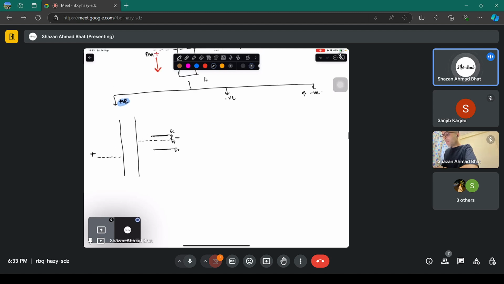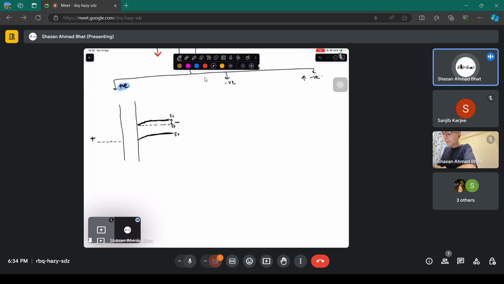Now, because you have applied the negative bias on this side, this starts to bend just next to the oxide. There is this band bending, as a result of which the same bending gets reflected in the oxide bands.